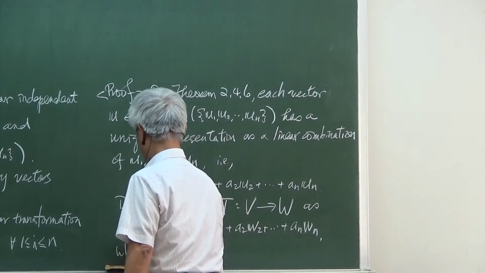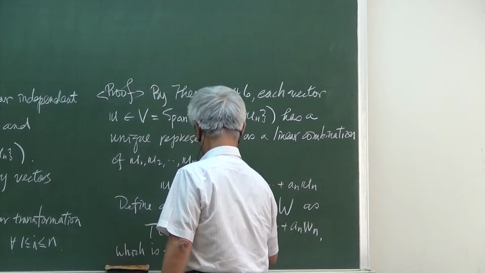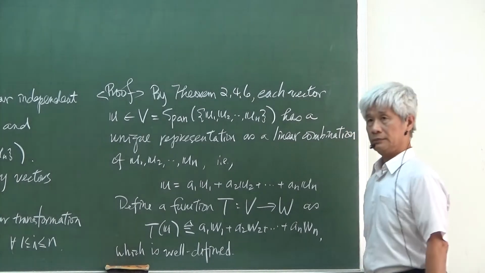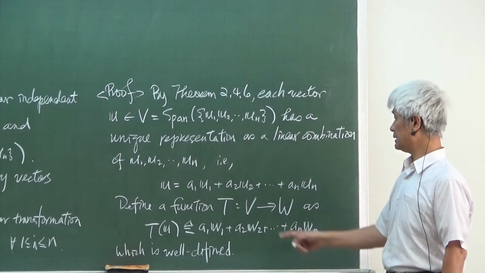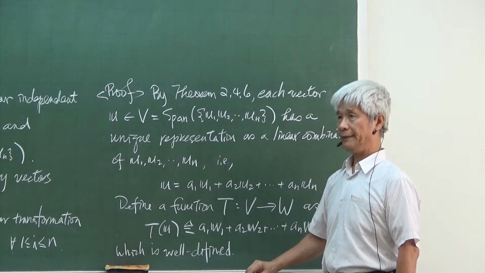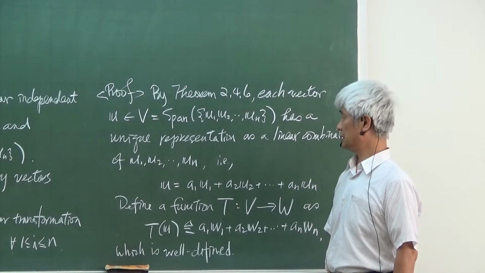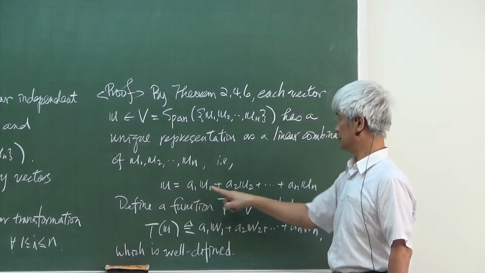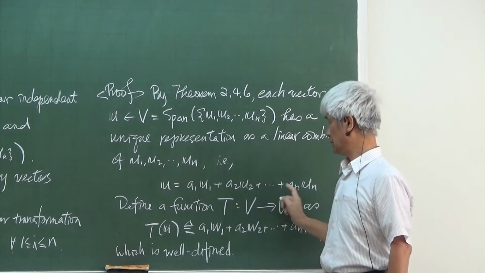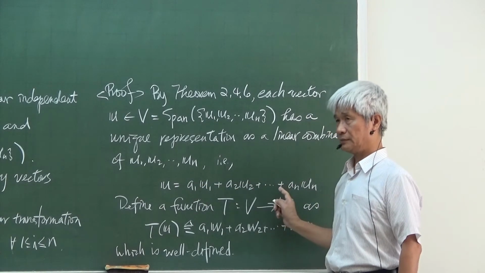Alright, so this definition is well defined because it's a function. Well defined, because there is no ambiguity about the coefficients, because of the uniqueness of representation. So different u will have different a1, a2 up to an, so they will have different sets of coefficients.